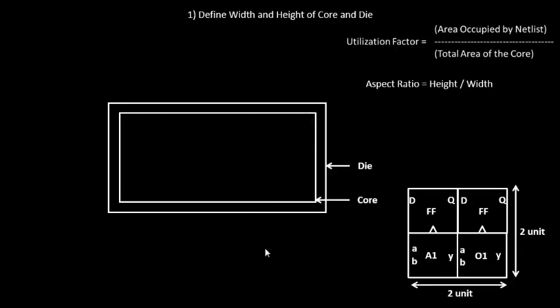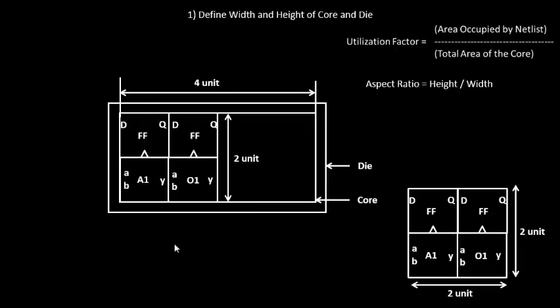So this is your core, and let's see the dimensions of the core. The height of the core is 2 unit, the width of the core is 4 unit. Now we place this particular logic inside this. If you place this logic inside and go by the definition of utilization factor, the numbers will look something like this. The utilization factor will be the area of the netlist, which is 2 unit cross 2 unit, divided by the total area of the core, which is 4 cross 2.